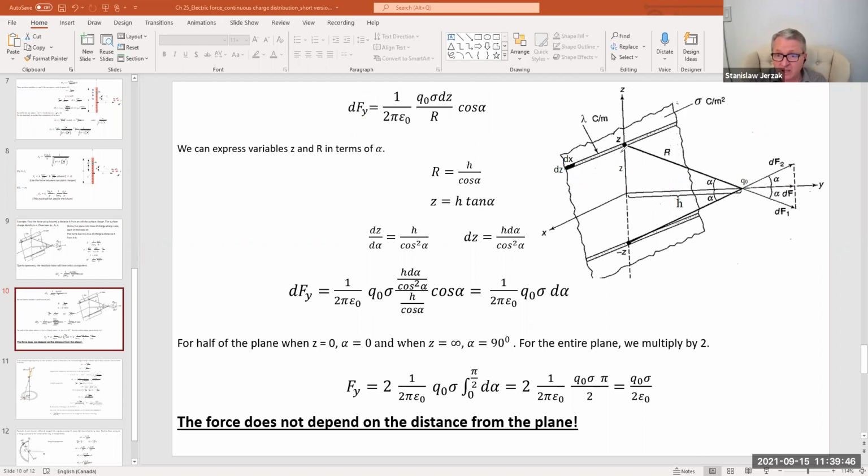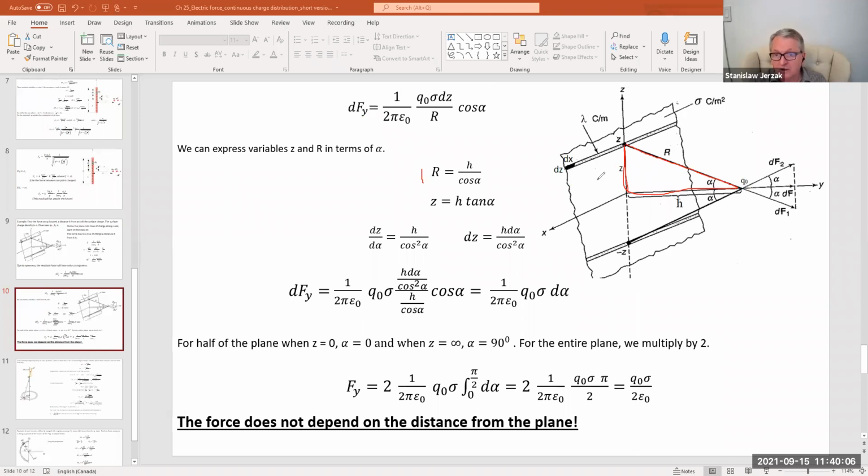And that can be accomplished by considering this triangle. This is a right angle triangle in which this distance is Z from the origin to that line of charge. H is constant and given. This is capital R, and this is alpha.